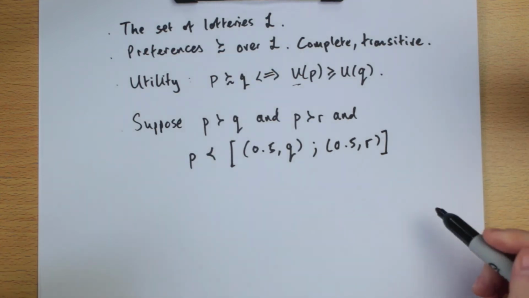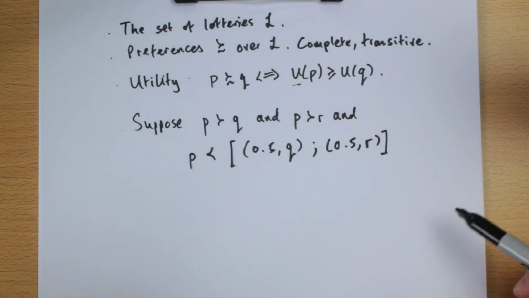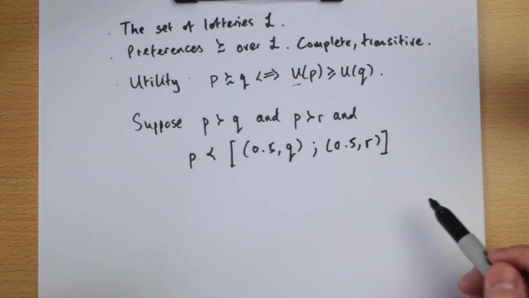In some sense, it seems like this decision maker just enjoys the extra stage of uncertainty here. Okay, so what's wrong with this?